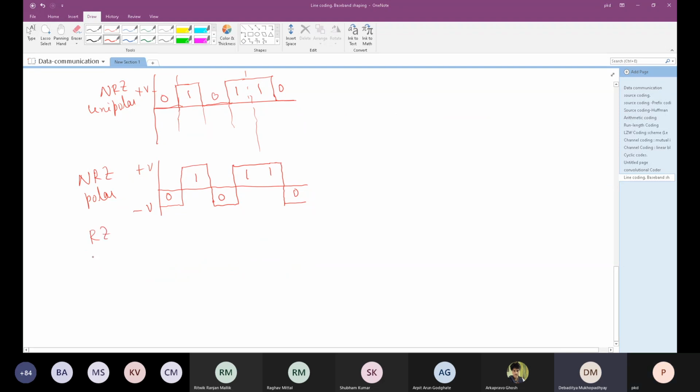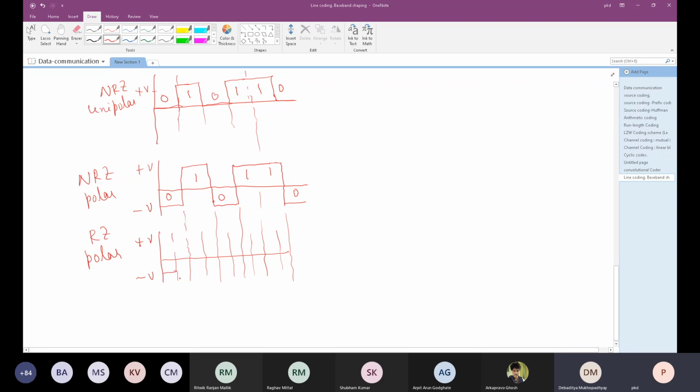If we have return to zero polar, in that case we have here minus B, here plus B. However, in this case, we have an intermediate state.